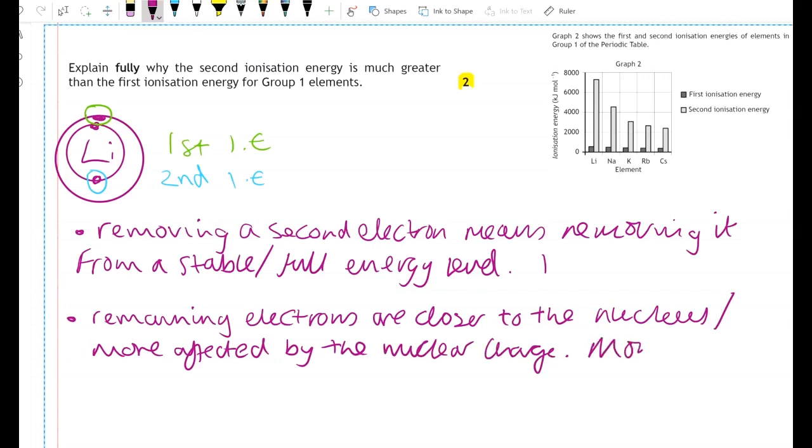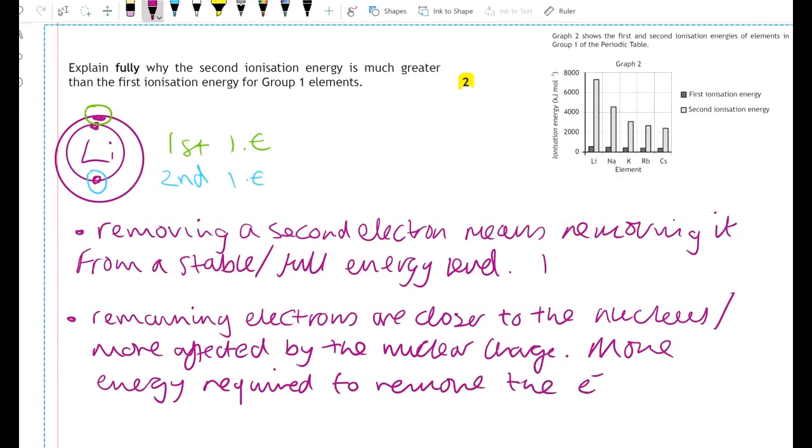More energy is required to remove the electron. Okay, and that would then be your second mark. So your first mark is for mentioning that removing a second electron upsets your stability, and your second mark then is for linking it back to this idea of nuclear charge or shielding. Okay?